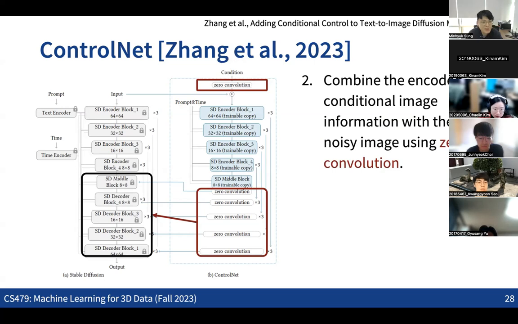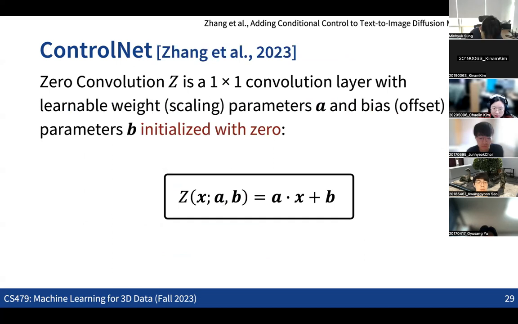Then we need to see what the meaning of the zero convolution is. Zero convolution is nothing but an affine transformation with a single scalar scaling factor and a bias, the offset. In the formulation, x might be a vector representing the input to the layer, and we uniformly scale the input vector with a scalar value and add one single value for the offset, making an affine function.